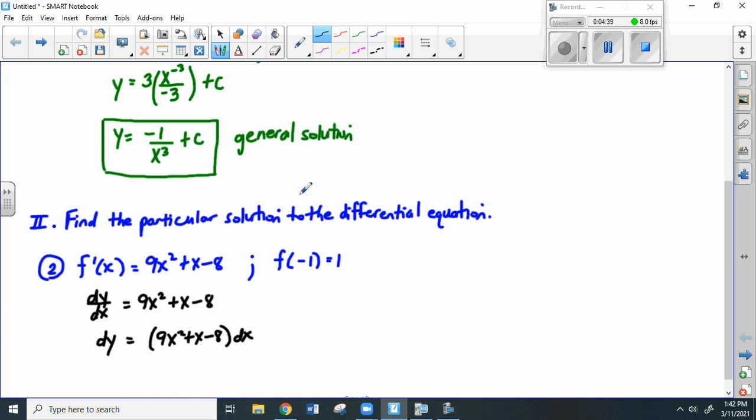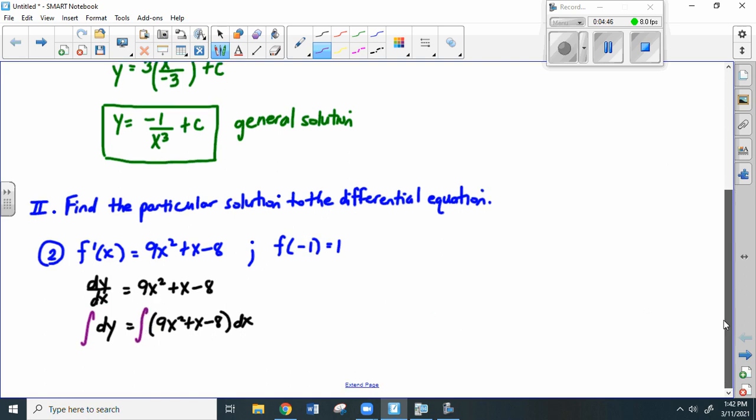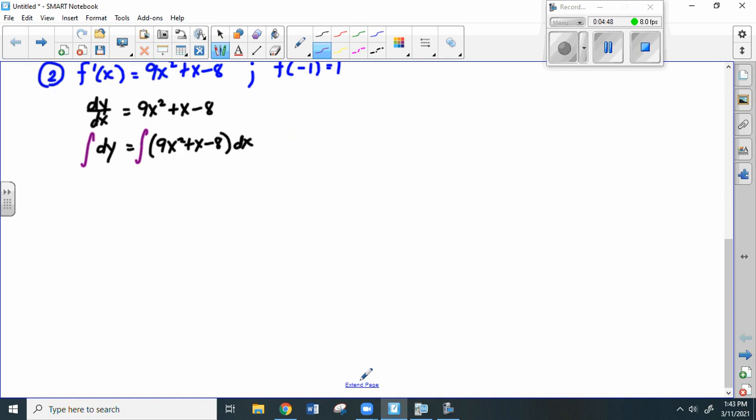We have to separate our variables, and then we can show that we are integrating. Once we integrate, we're going to get y equals, and we're going to apply some power rules. Add a power, divide by the new power, add a power, divide by the new power. You can think of it as adding a power, or because it's a constant, you need a variable. And then, of course, plus c.